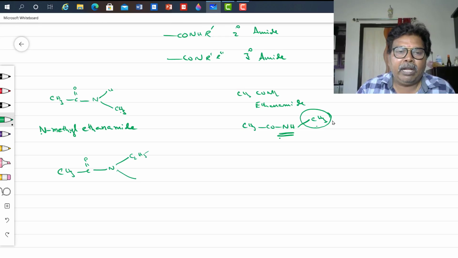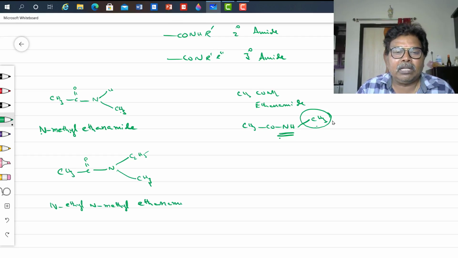For example, CH3 C double bond O N C2H5 and again a methyl group. One hydrogen at nitrogen is replaced by an ethyl group. One hydrogen at nitrogen is replaced by a methyl group. Therefore, it is a tertiary amide functional group. Therefore, it is N-ethyl N-methyl ethanamide. This is the IUPAC name of the compound.